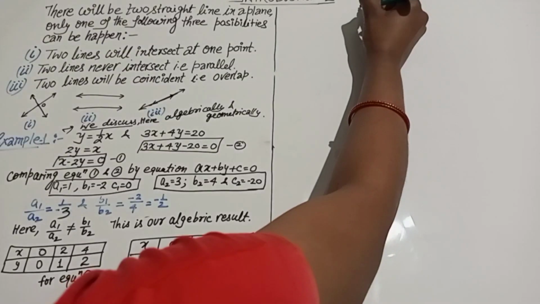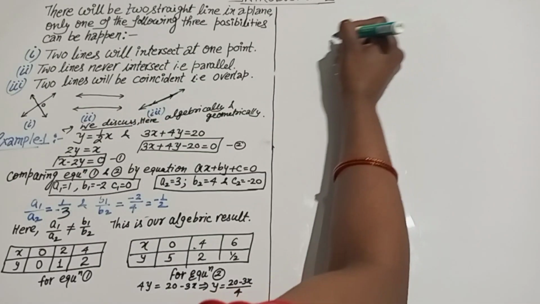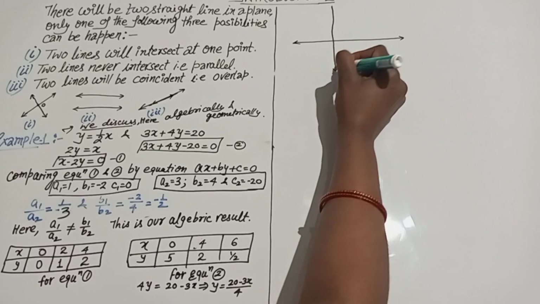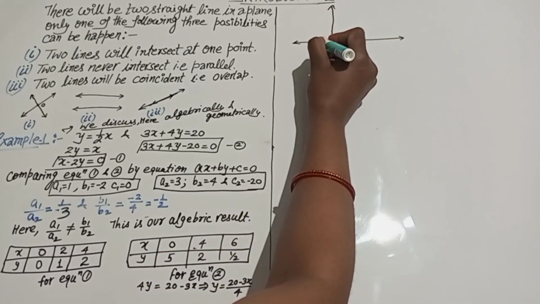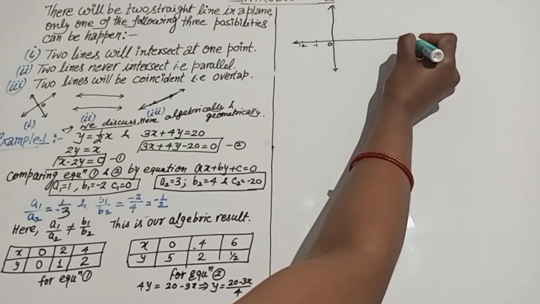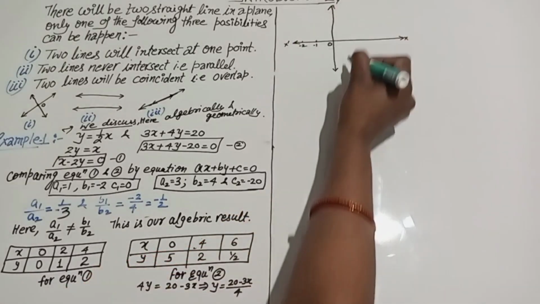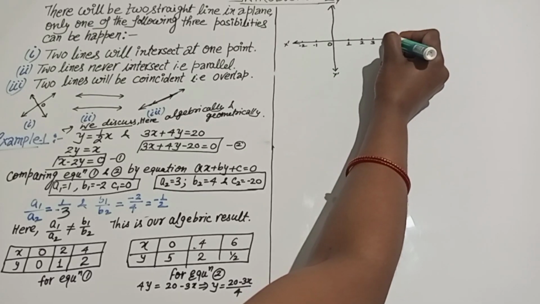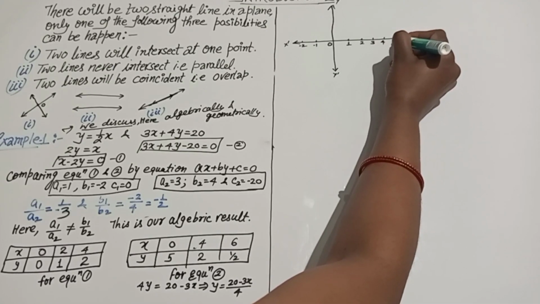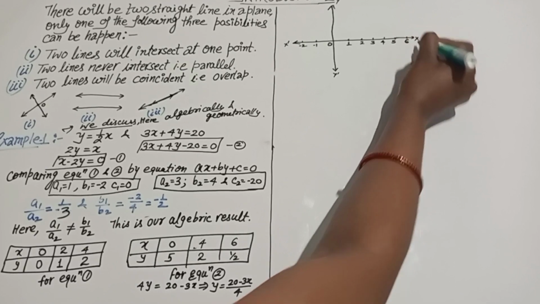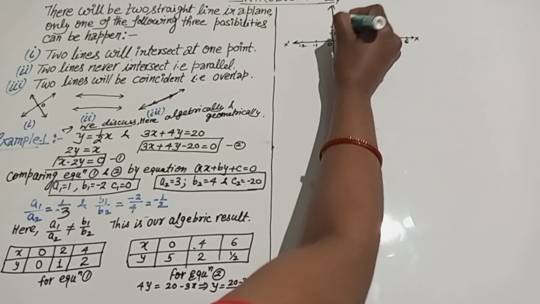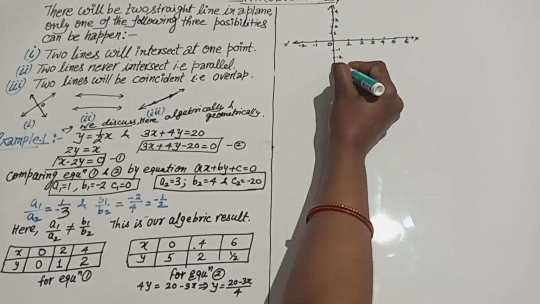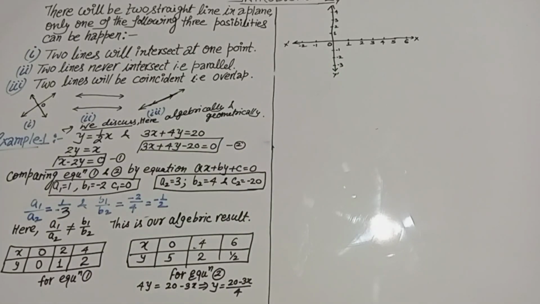The maximum number is 6, so on the x-axis I am taking x, x dash, y, y dash, 1, 2, 3, 4, 5, 6, and on the other side minus 1, minus 2, minus 3.